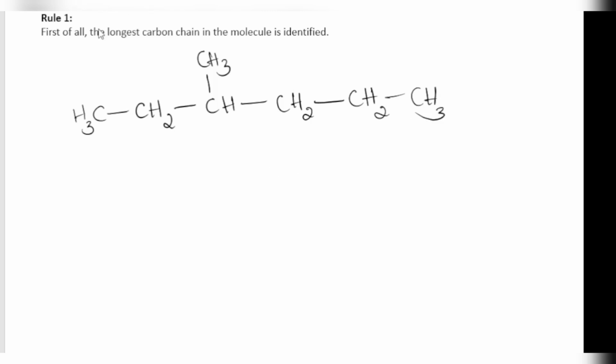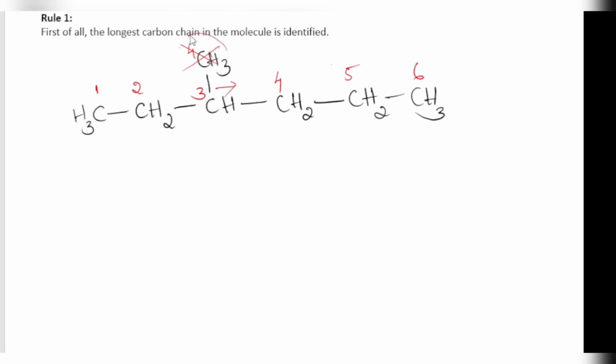First of all, what they are telling is we have to find the longest carbon chain in that particular molecule. Here, if I want to number, suppose I start from here, I have to count the number of carbons 1, 2, 3. Now, if I go like this, I will end up with only 4 carbon atoms. But if I do not count this carbon and go like this, it is 4, 5, 6.